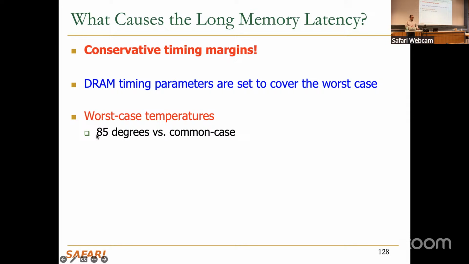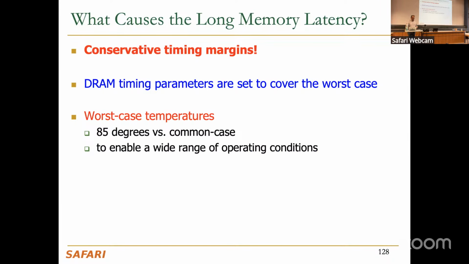In general purpose computing, in our personal computers, DRAM operates around 50 degrees, for example. In servers, DRAM operates at a much lower temperature because of the cooling techniques they have. It's around 27 or so. So you can see that normally we operate DRAM at a much lower temperature, which can potentially enable you to have lower latencies.